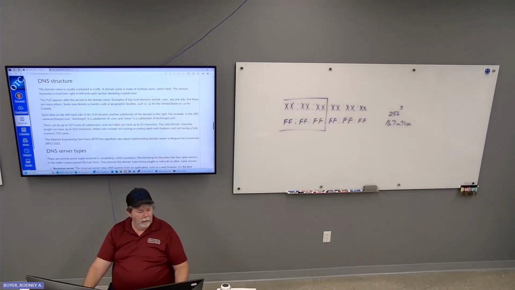The top level domain appears after the period in the domain name, so .com, .edu, .org, many others. Some may denote a country code or geographic location, such as .us for United States, .ca for Canada.